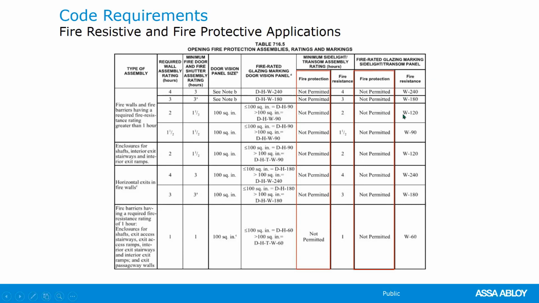Going over to the next column, indicating that you cannot use fire protective rating glass, and then your fire resistive, and this is identifying the basics of what the label should say on the glass.